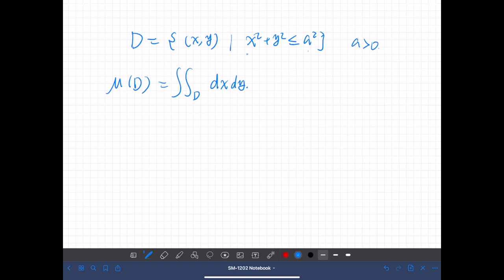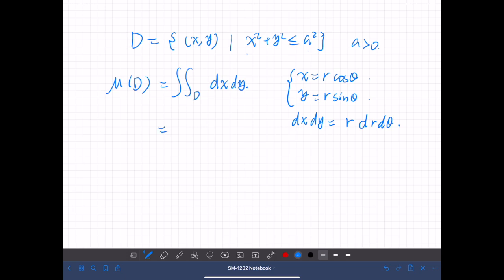Now to calculate this, we use polar coordinates. So by using this, we have dx dy equals, as we have calculated before, the Jacobian r, dr d theta.